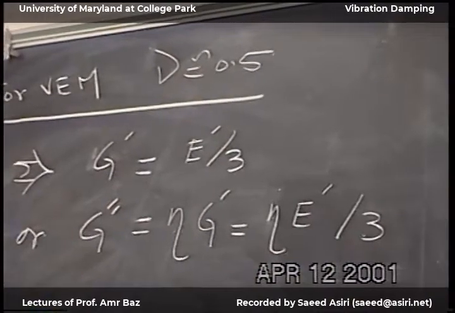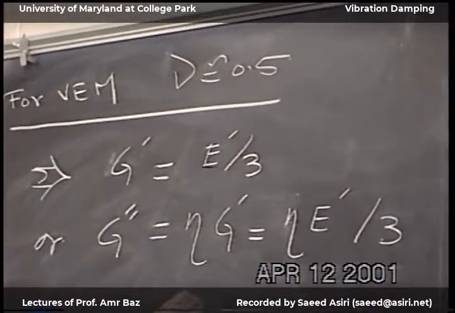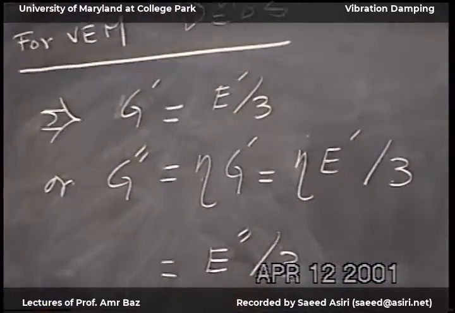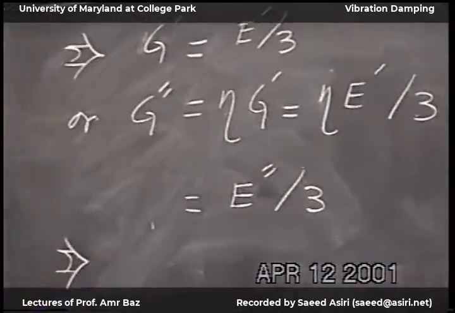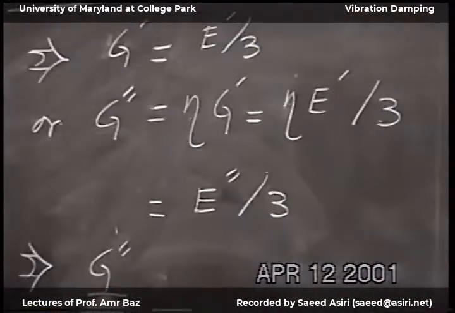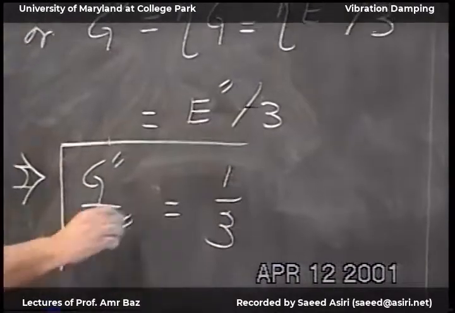Eta times E prime is equal to E double prime, so G double prime over E double prime is 1/3. I can take this ratio and replace it by 1/3.